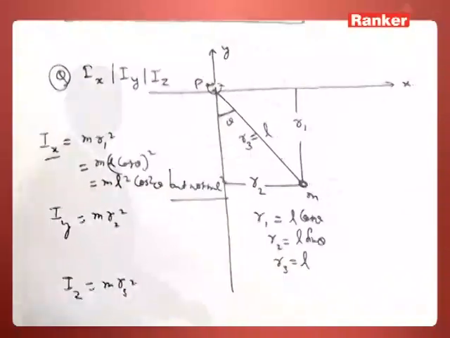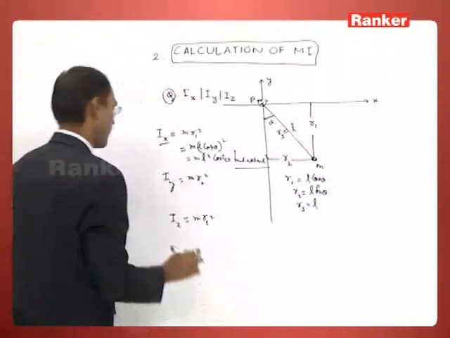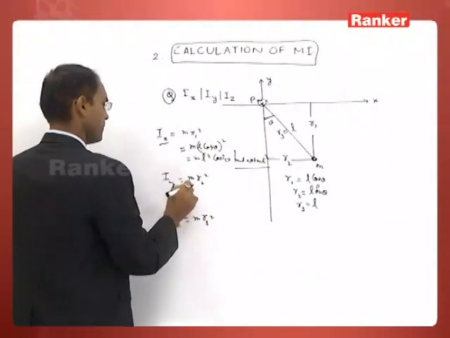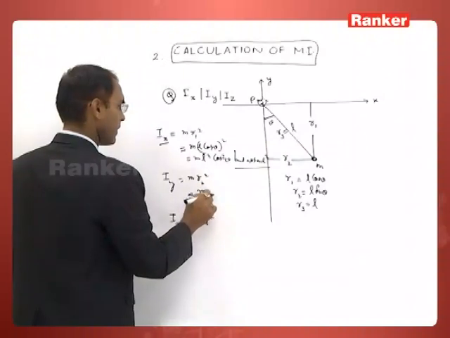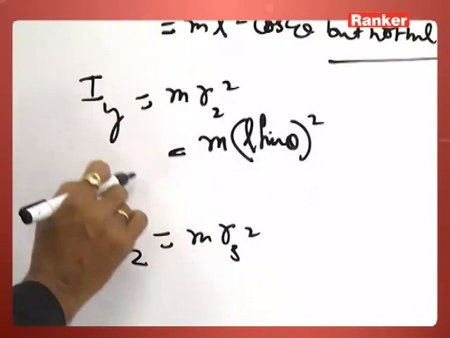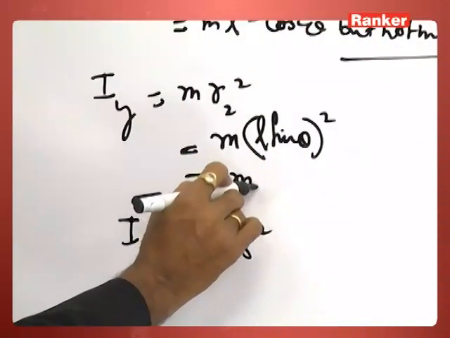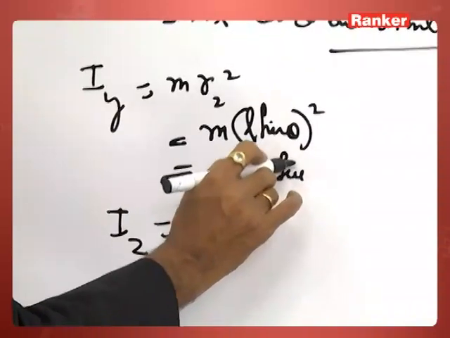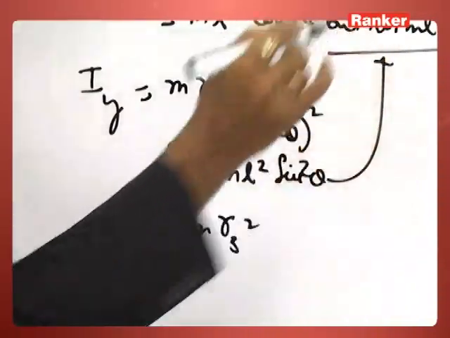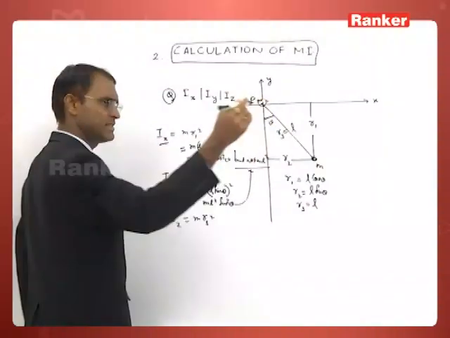Don't write blindly. R2 is equal to L sin theta. Therefore, moment of inertia about the y-axis is equal to m L square sin square theta, but not m L square.